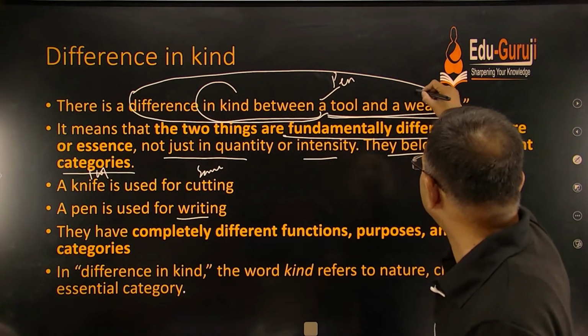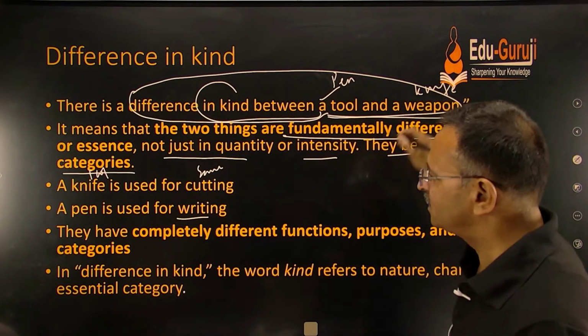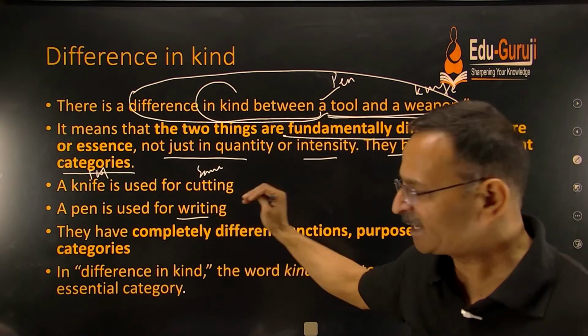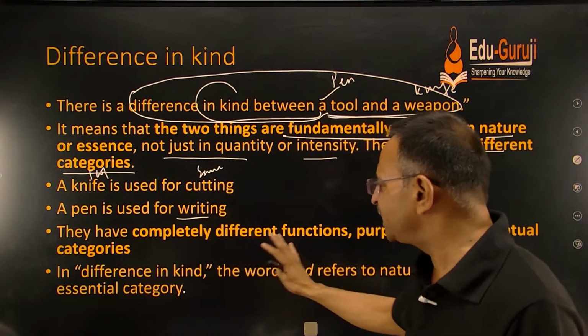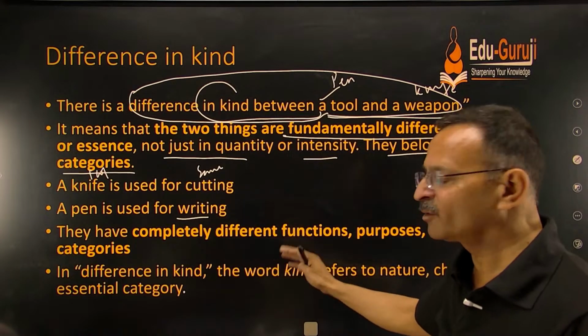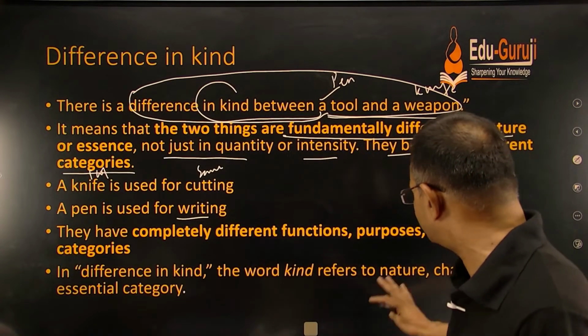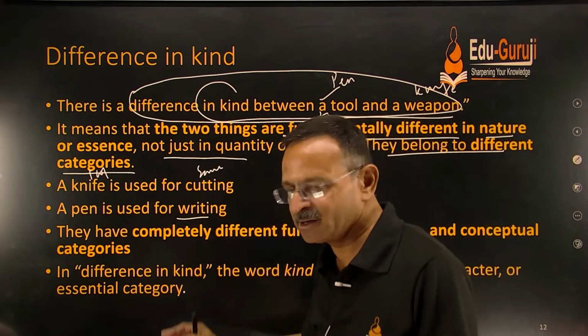and a knife. So what does it mean? A knife is used for cutting and a pen is used for writing. So they have a completely different meaning. What they connote is they have completely different functions, purposes and conceptual categories.